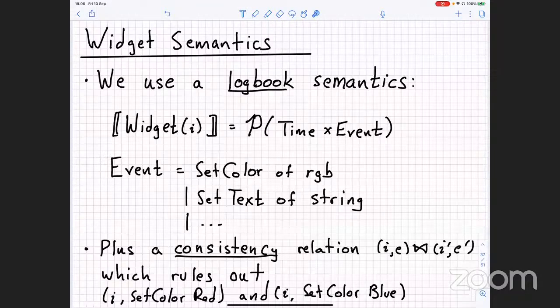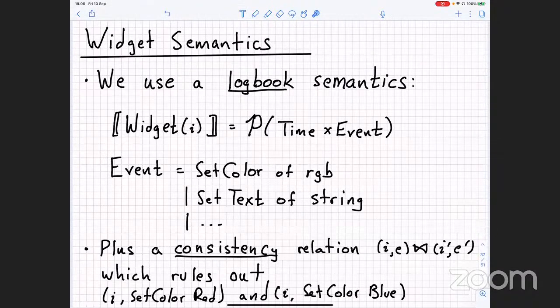So we record all the operations that were ever performed on a widget, and then we add a consistency relation, which says that at the same instant, you can't be both turned red and blue. This is just recording all the things that happen to a widget.